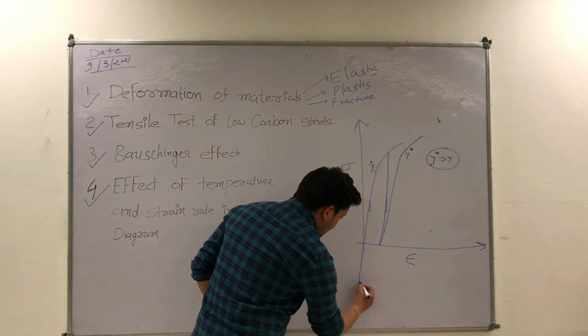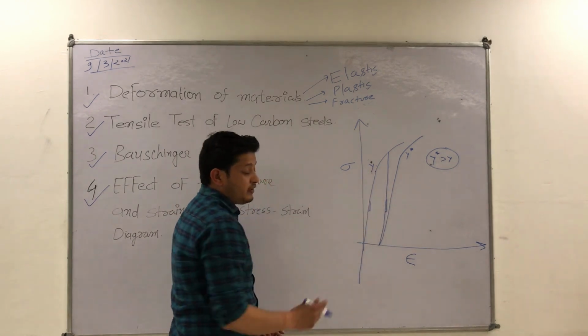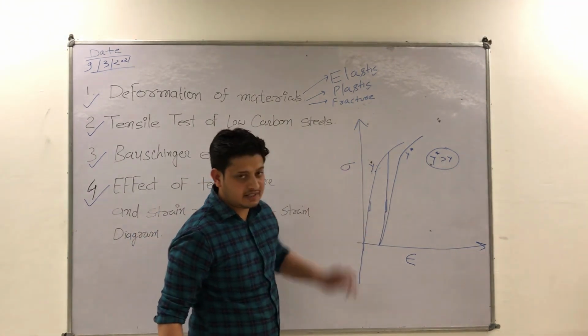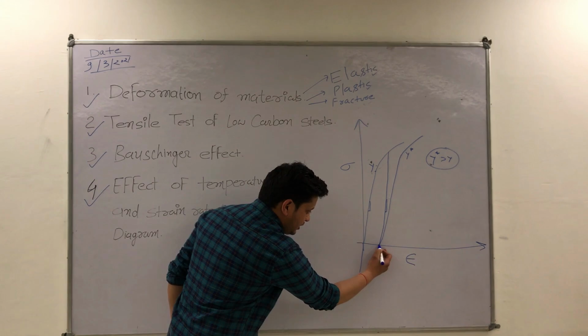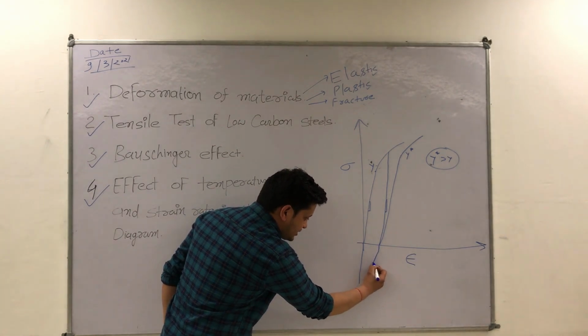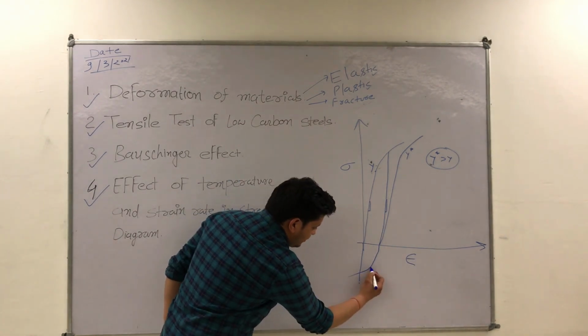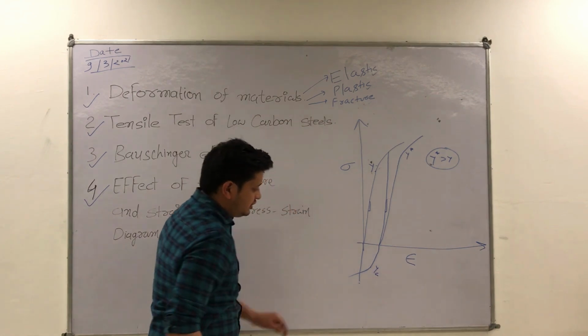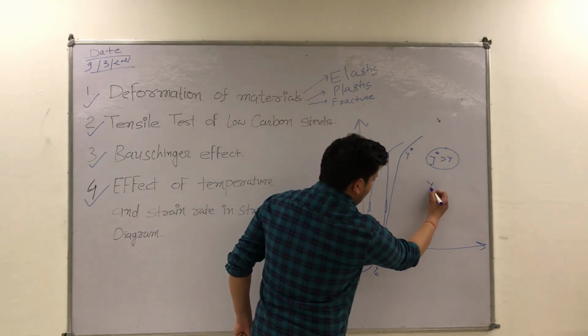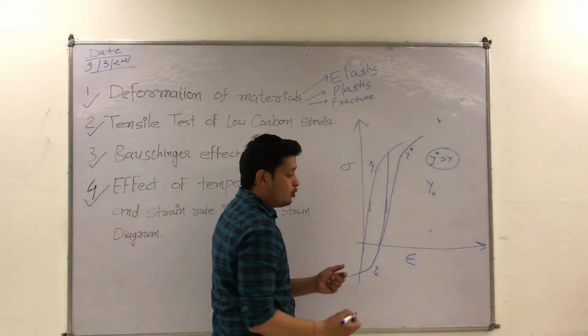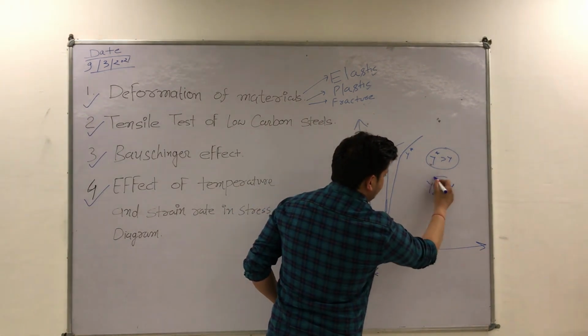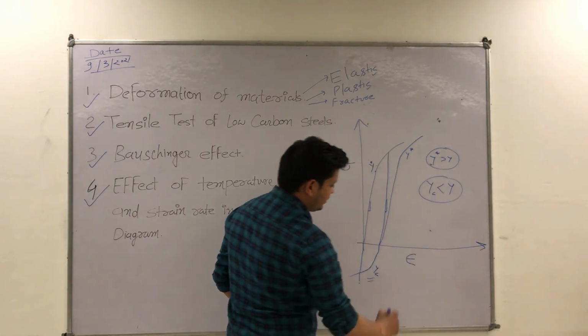Now, if I do not load the material in the tensile direction, if I load the material in the compressive direction, then what do I see? We see yielding will occur at a point which is lower as compared to the tensile point. Why is this so?